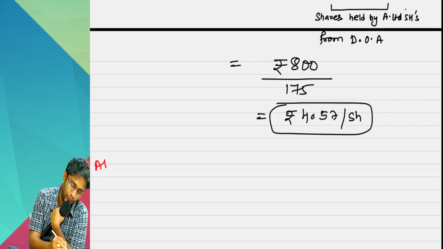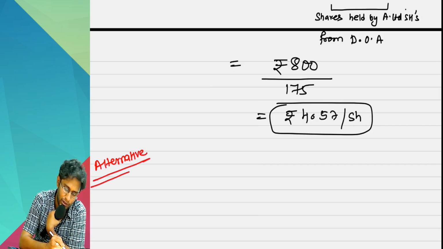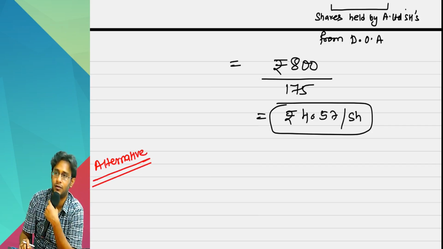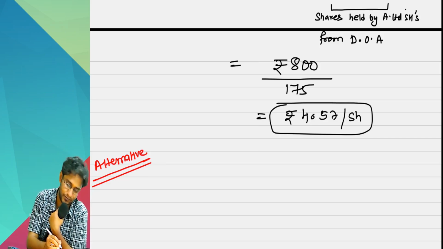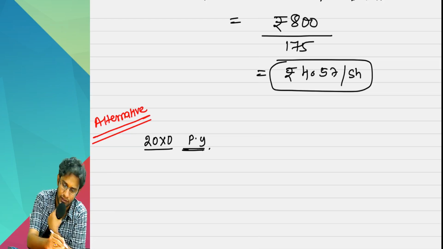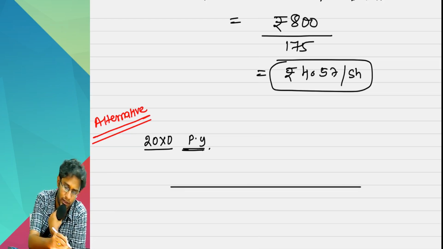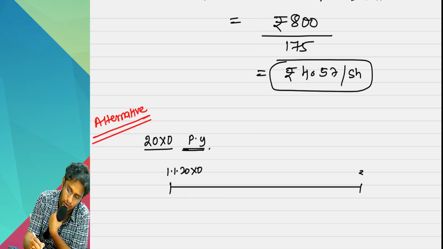But I have an alternative, no? In the alternative you will definitely understand. 100% you will understand. 200% you will understand. Look at this. 20X0, previous year. Forget about everything, sir. Just take only B Limited's shares. 31st December 20X0.